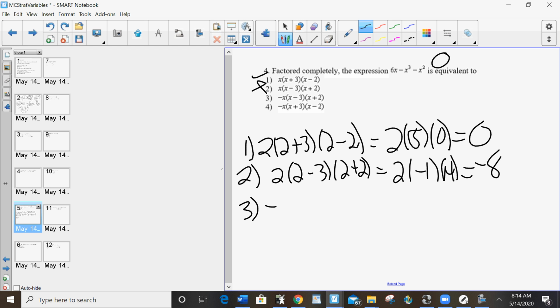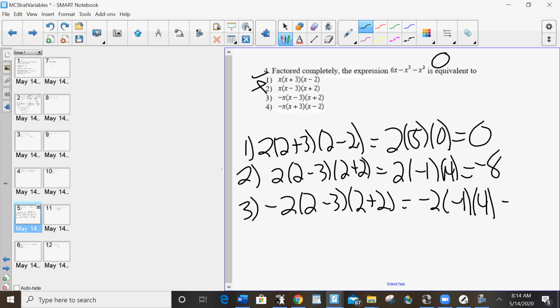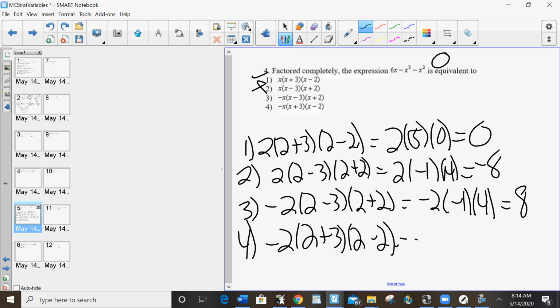Choice 3, negative 2, 2 minus 3, 2 plus 2 is negative 2 times negative 1 times positive 4, which is 8. And choice 4, negative 2, 2 plus 3, 2 minus 2 is negative 2 times 5 times 0, which is 0.